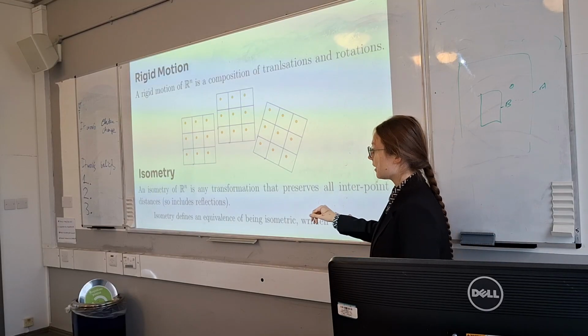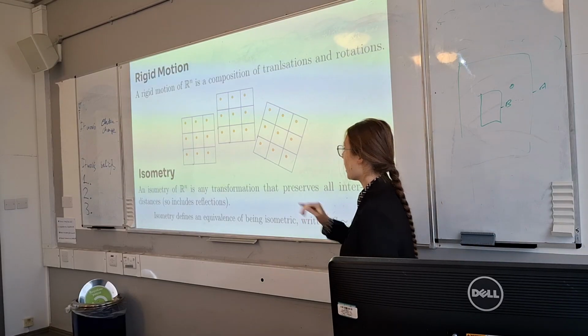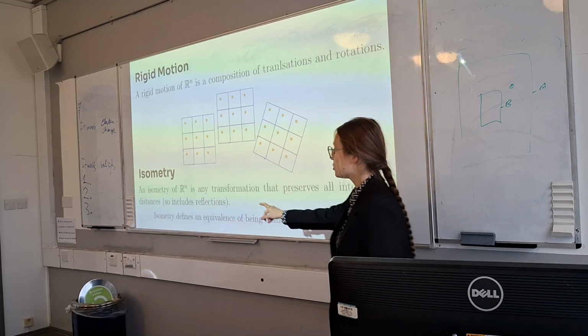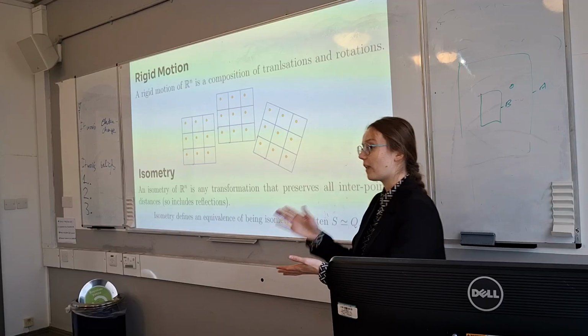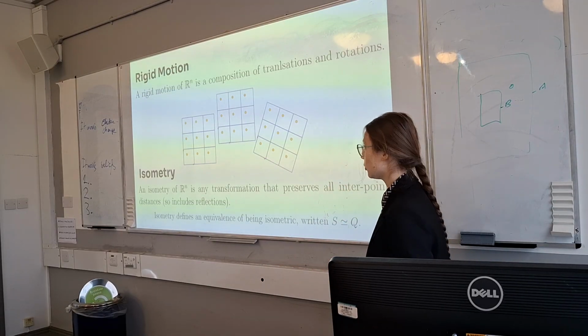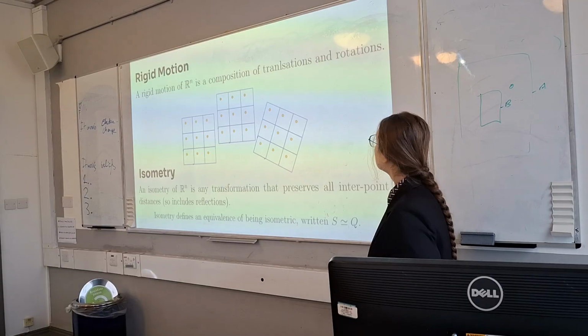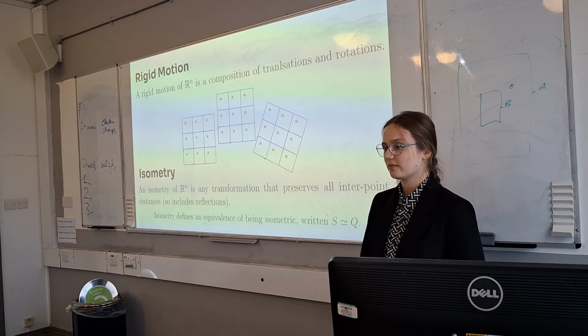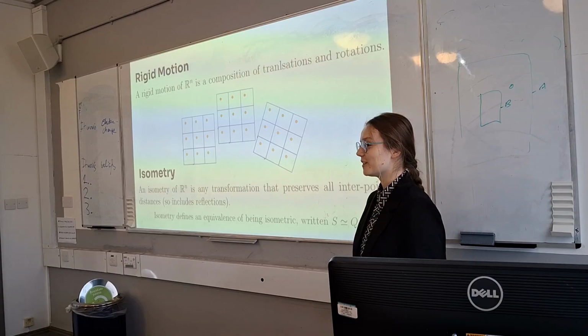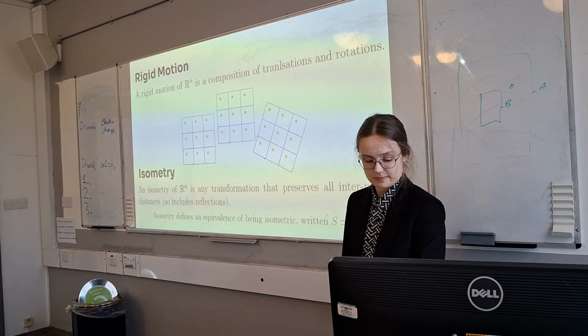A slightly weaker equivalence relation would be isometry, which is basically rigid motion, but it also includes reflections. So you can reflect your set of points, an infinite set of points. I'll leave it as an exercise to the reader to convince yourself that these are equivalence relations.